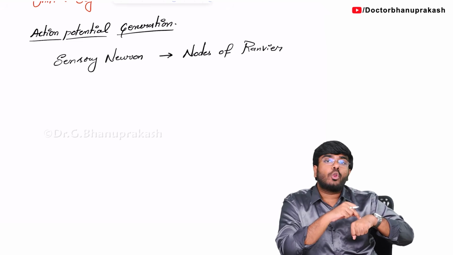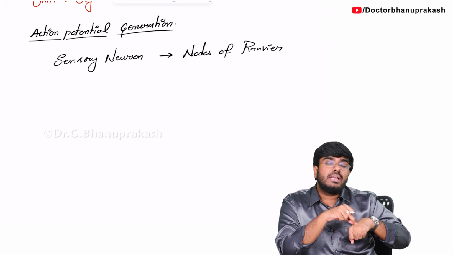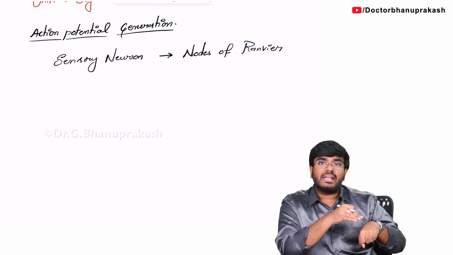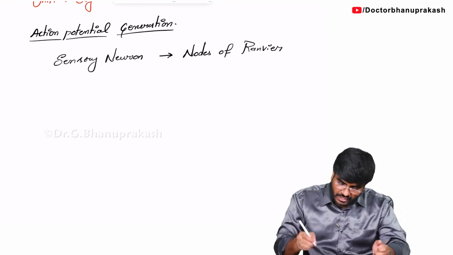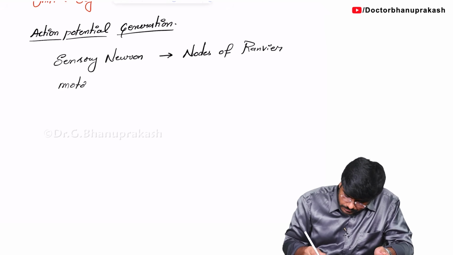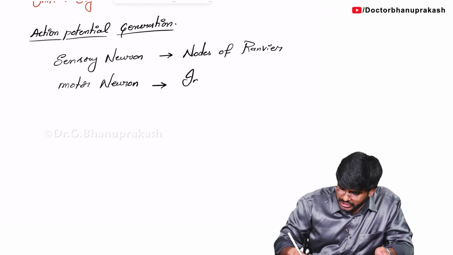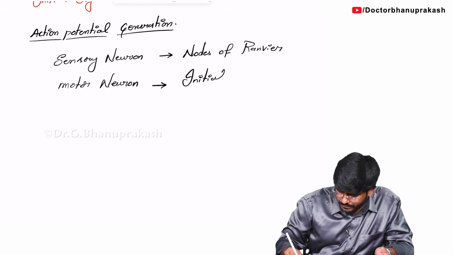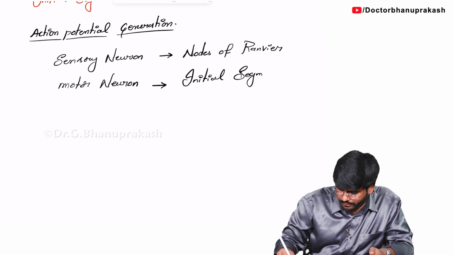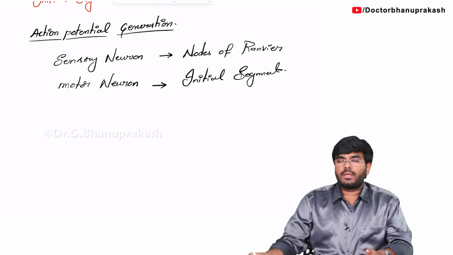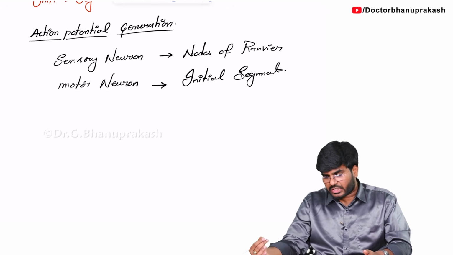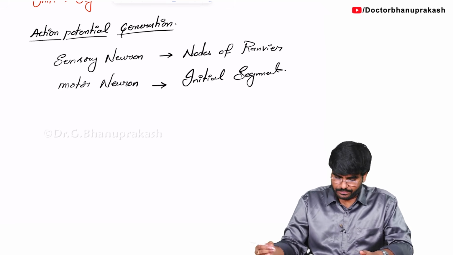So, for a sensory neuron, the action potential is generated in the nearest node of Ranvier. But for a motor neuron, the action potential is generated in the initial segment. This is the best answer. For a motor neuron, the action potential is generated where? In the initial segment.